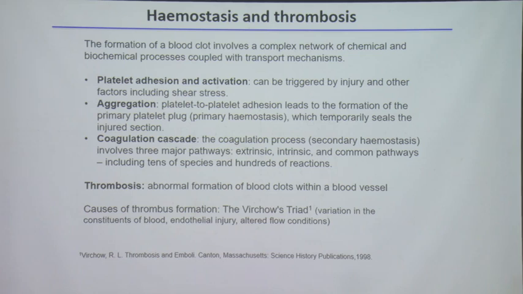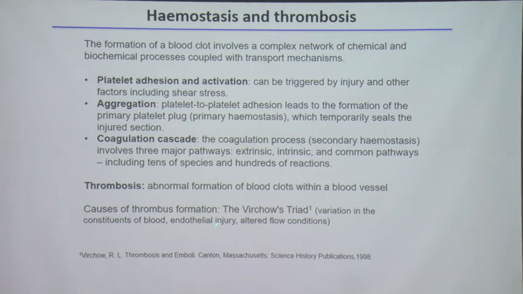If we look at the causes of thrombus formation, there is an interesting established theory known as the Virchow's triad. The Virchow's triad says that there are three major factors influencing the formation of thrombus. One is about the constituents of blood, and this is related to the hypercoagulability of the blood.